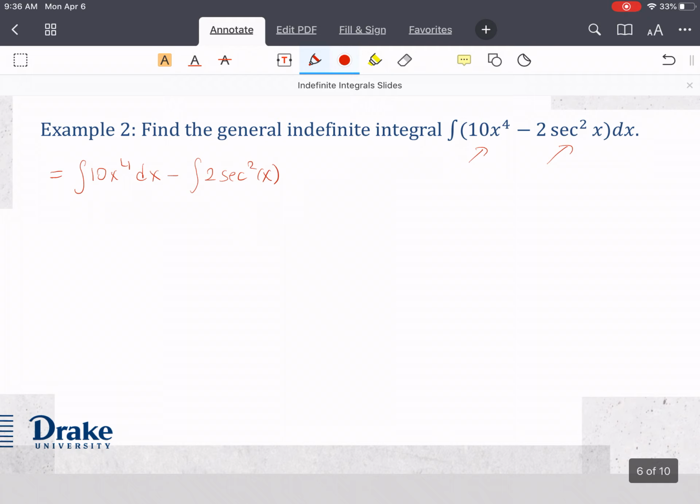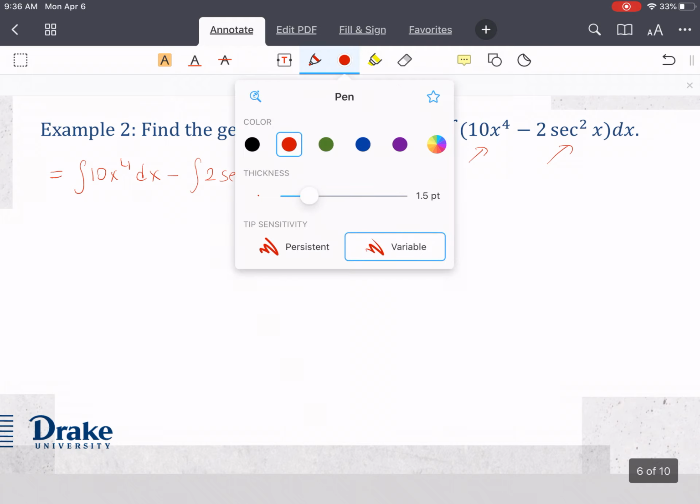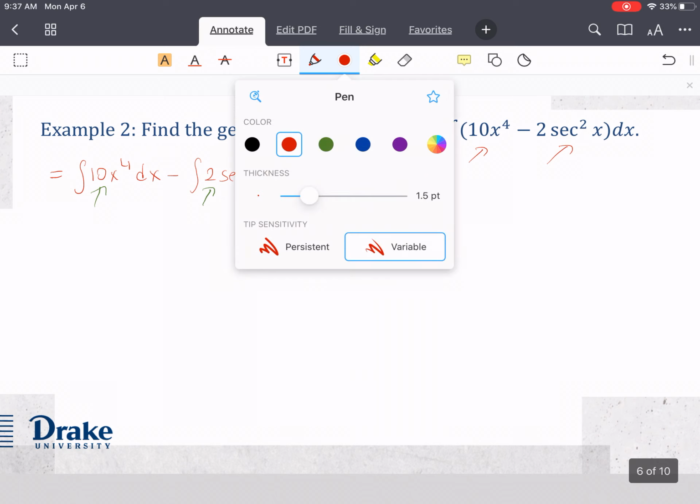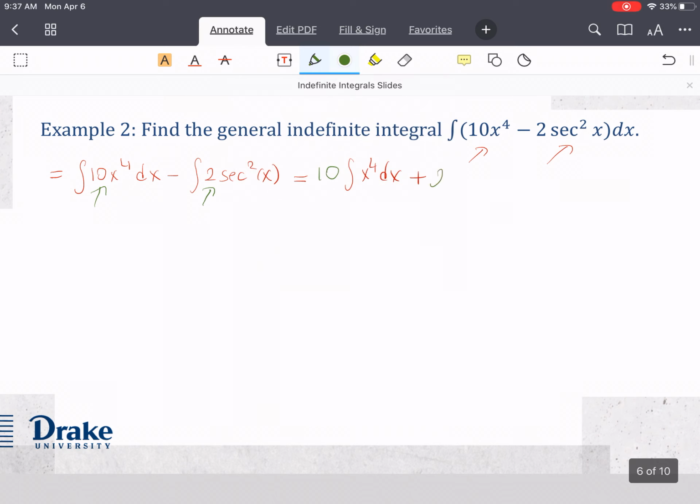Okay, from here, because the 10 and the 2 are constants, I can take them out. So I can say 10 times integral x to the fourth dx minus 2 times integral secant squared x dx.